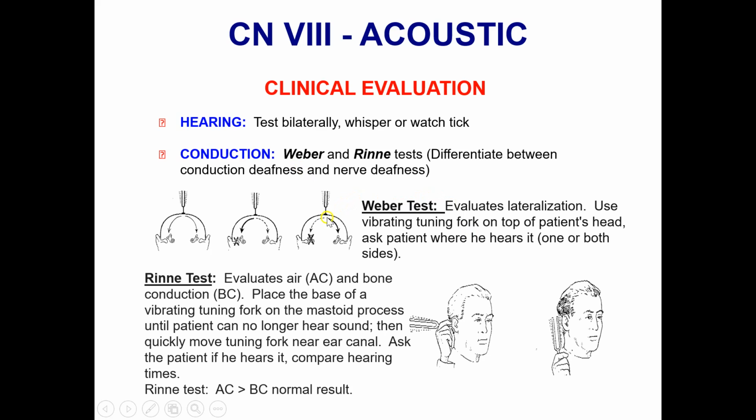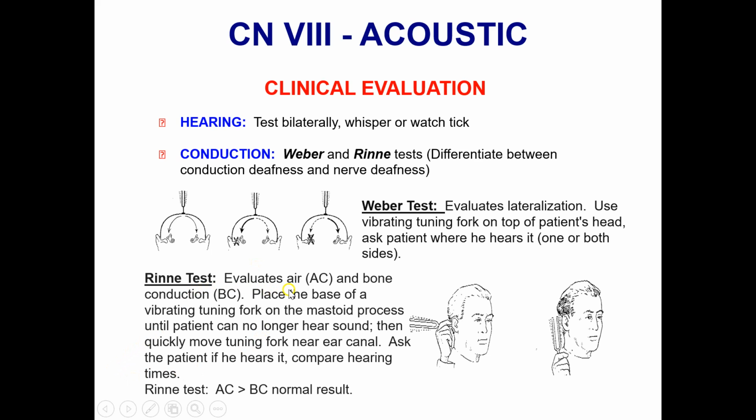In the Weber test, as you can see here, the tuning fork is placed on the scalp, and you check for lateralization of the vibrations either to the affected side or to the non-affected side. This helps differentiate sensorineural deafness from other problems associated with conduction hearing loss.